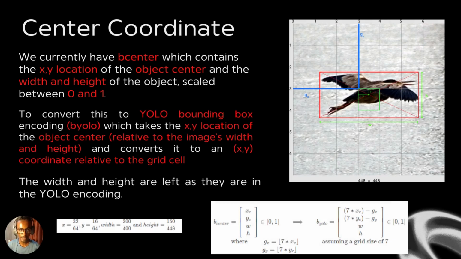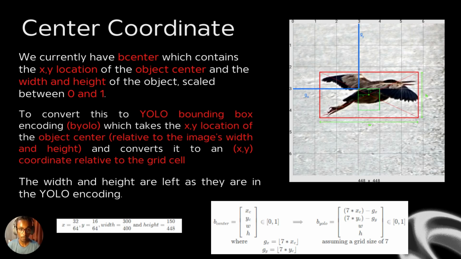So we have currently computed b center, which contains the XY location of the object center, and the width and height of the object scaled between 0 and 1, but our job is not completed yet. To convert this to YOLO bounding box encoding, b YOLO, which takes the X and Y location of the object center relative to the image's width and height, and converts it into XY coordinates relative to the grid cell.